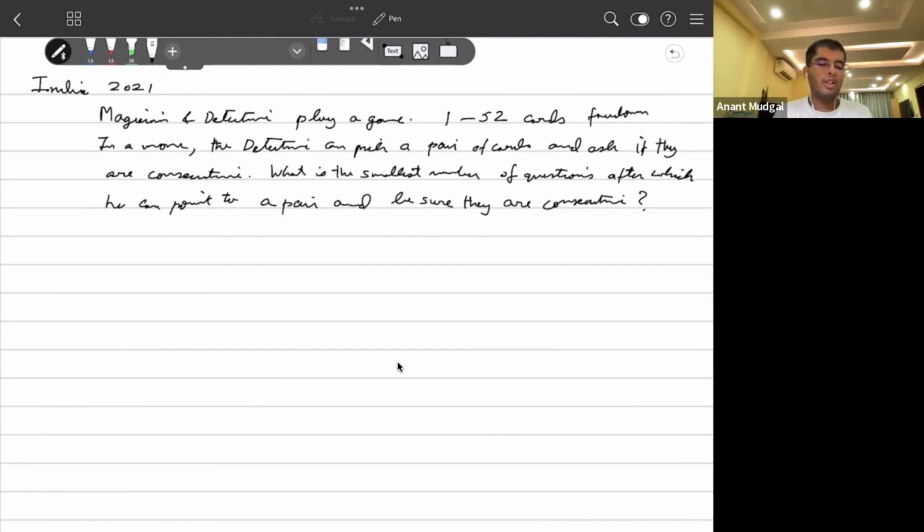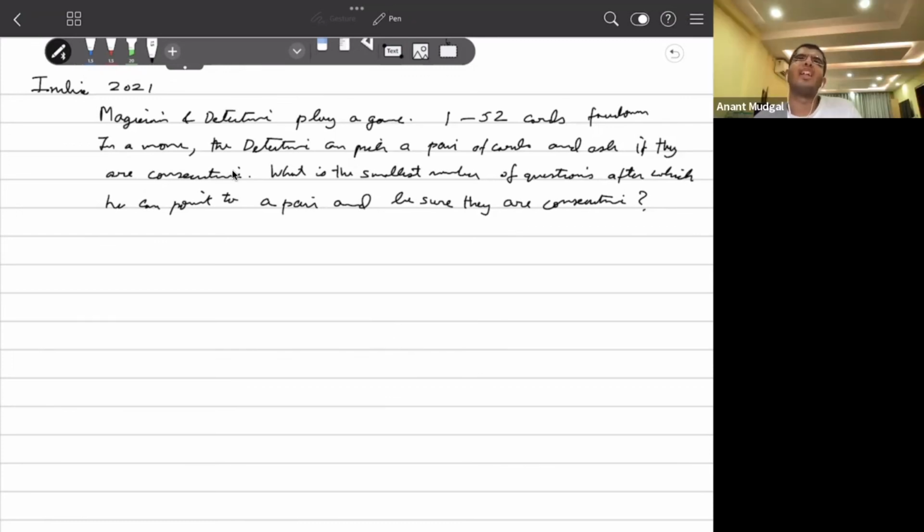So that's the question. You have 1 to 52 cards face down. You can pick a pair and ask if they're consecutive, and of course you get truthful answers. At the end, when you're done with your questioning, you have to pick a pair and say that these two are consecutive. What's the smallest possible number of questions you have to make, after which you can surely do this?